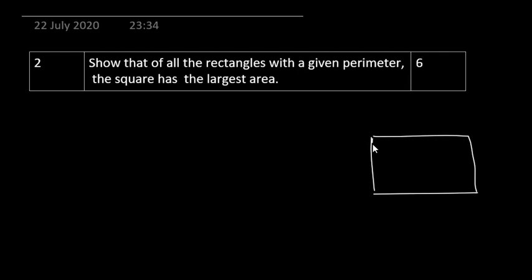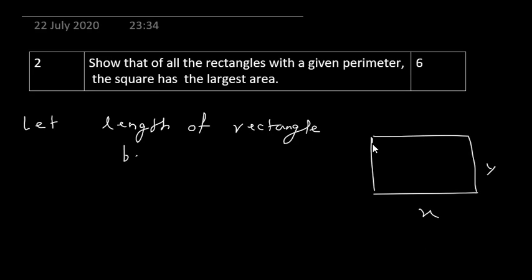If x is the length and y is the breadth, then let the length of the rectangle be x and the breadth be y. Now, all the rectangles with a given perimeter.